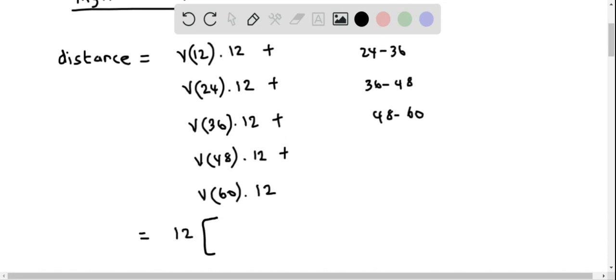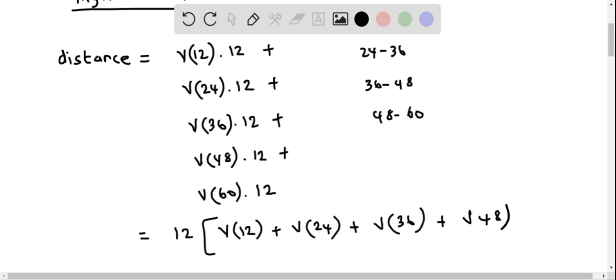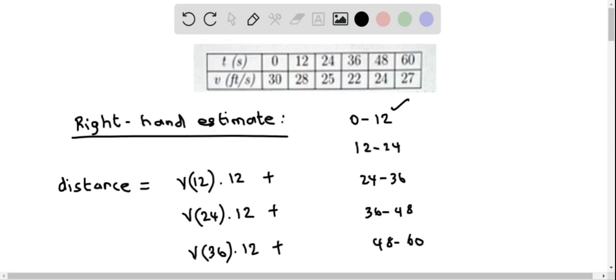So after that, we get v of 12 plus v of 24 plus v of 36, then v of 60.